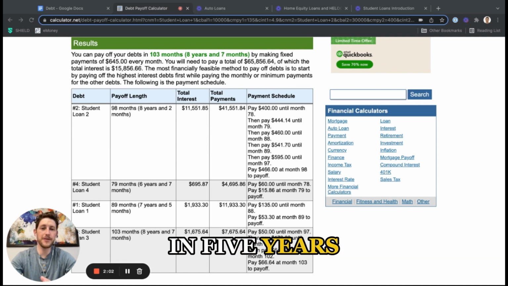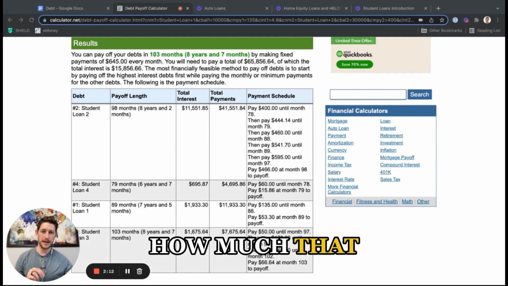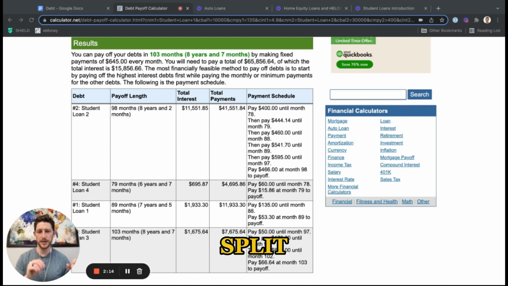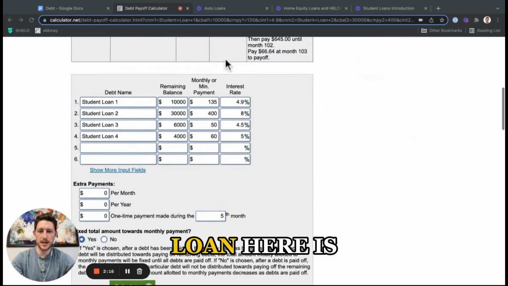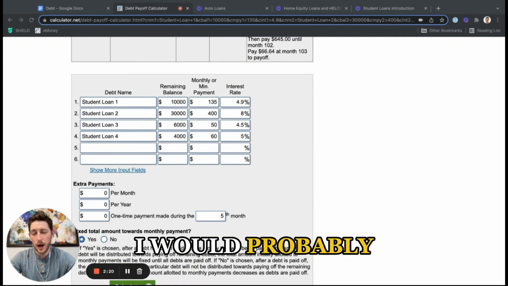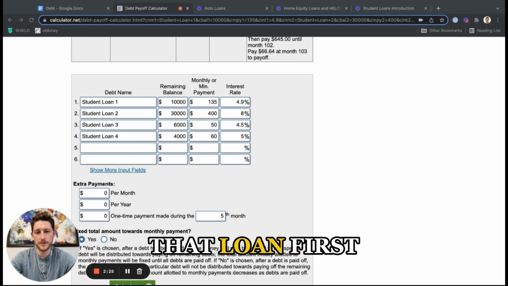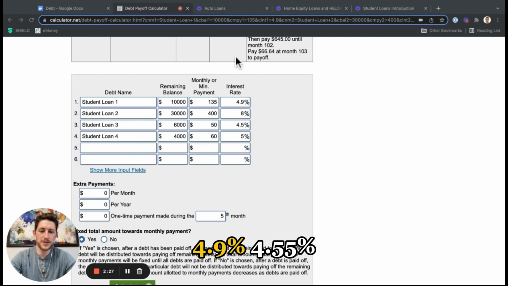And say, hey, in 5 years, I just want to be done with this. Or you can also say, hey, I have my money set aside for the future and I know how much that is. And then I have my loans. So how's the split? Well, an 8% loan here is quite a bit. So I would probably dedicate some of your future ratio money to paying off that loan first. 4.9%, 4.5%, 5%.